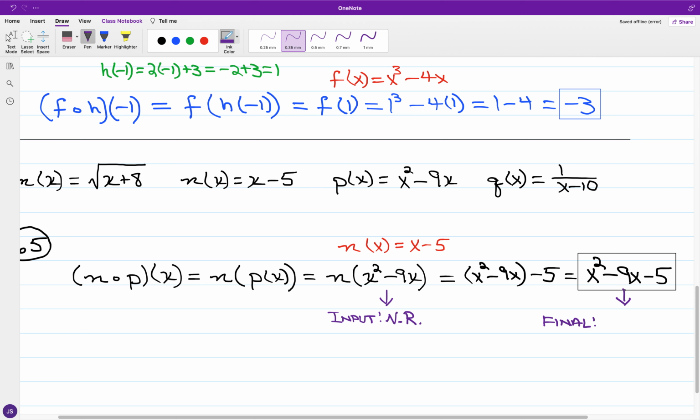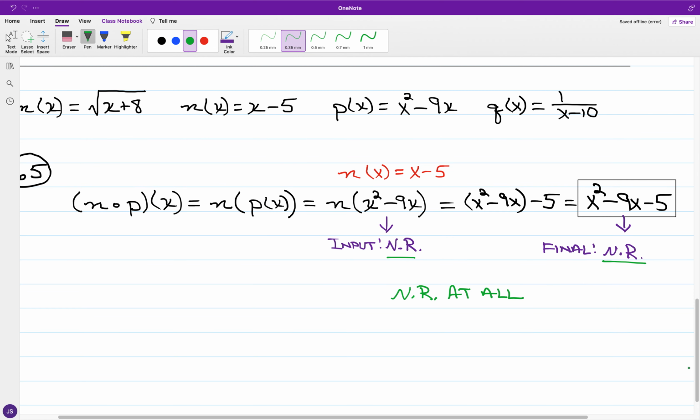For this statement I can plug in anything for x, so this also has no restriction. Since both the input and the final output have no restriction, altogether there is no restriction at all. So the domain of this composition is the set of all real numbers.